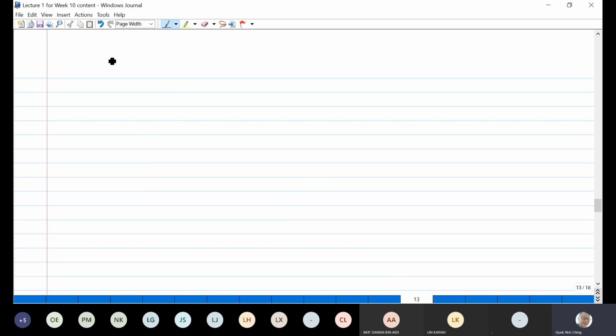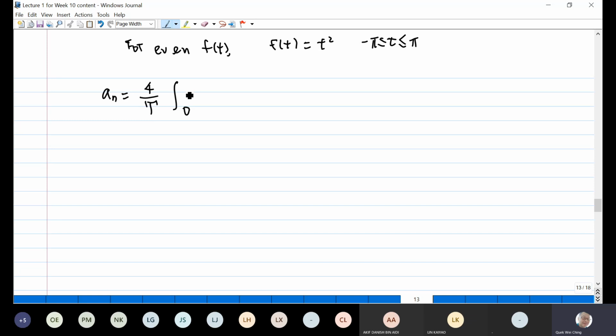The formula for An for an even function, where my f(t) is t squared, t from minus pi to pi, so the period is 2 pi, is An equal to 4 over T, integral from 0 to T over 2 of f(t) cosine n omega 0 t dt.